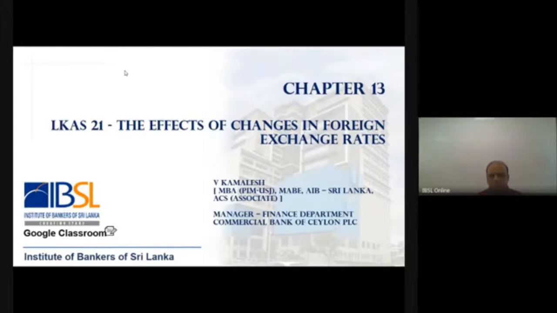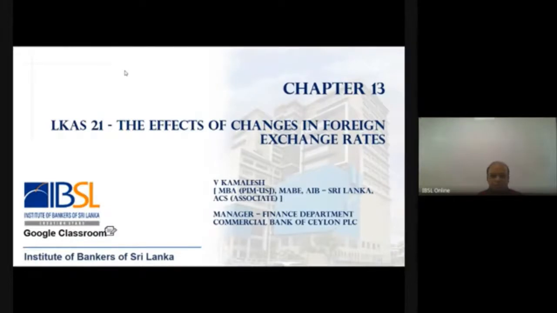But our base currency is Sri Lankan rupees. So whenever we want to present our financial statements, the currency that we need to present in is rupees. So we have to convert all our foreign currency exposures, whether loans, deposits, or cash, all into rupees using an exchange rate.